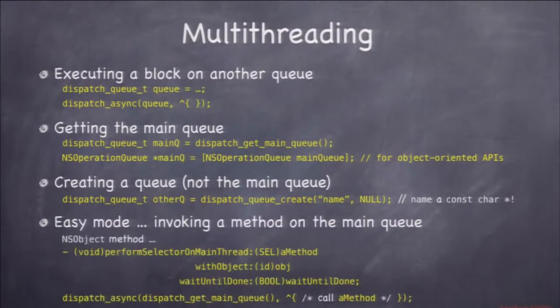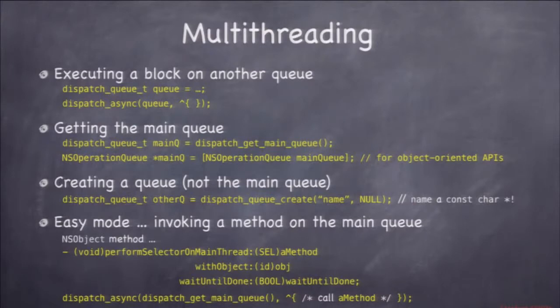And there's kind of an easy mode for dispatching back to the main queue, which is performSelectorOnMainThread. It's an NSObject method. You can send it to any NSObject, and you just pass a selector and its argument, the withObject argument. It could be nil, and then it has no arguments. That's fine. And the waitUntilDone is whether you're going to wait until this thing gets pulled off the main queue and run on the main queue and then finishes before this thread that's calling this goes or not.